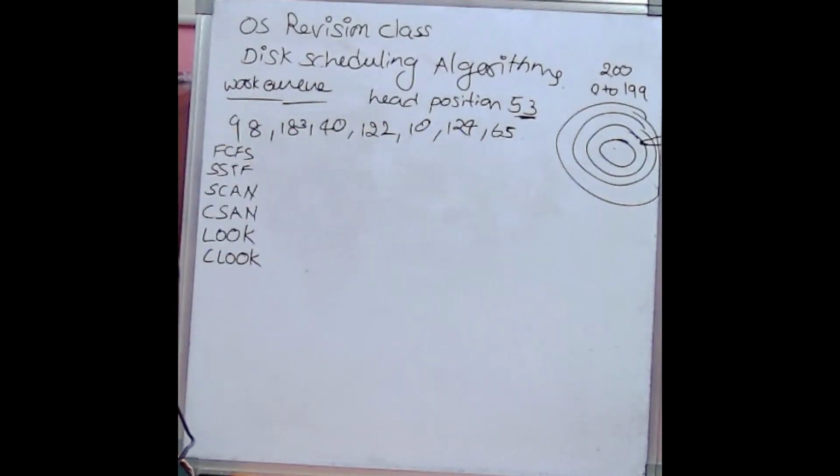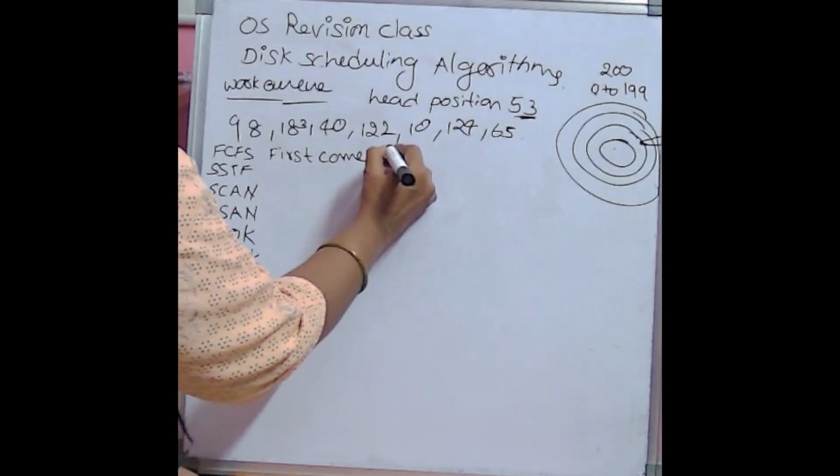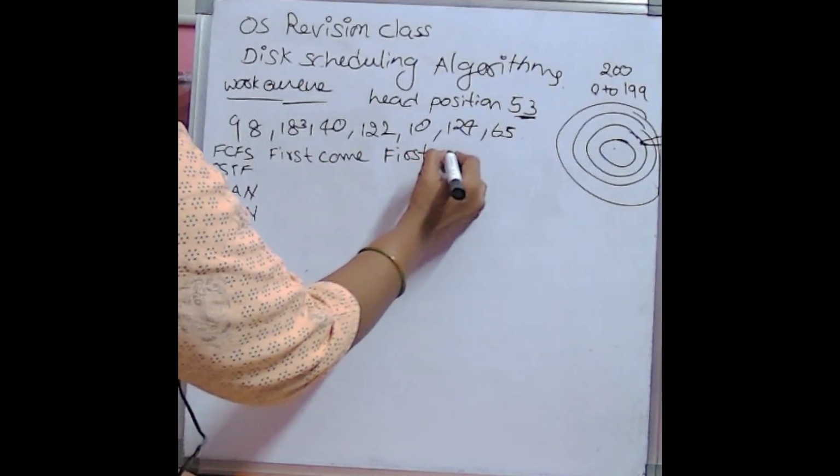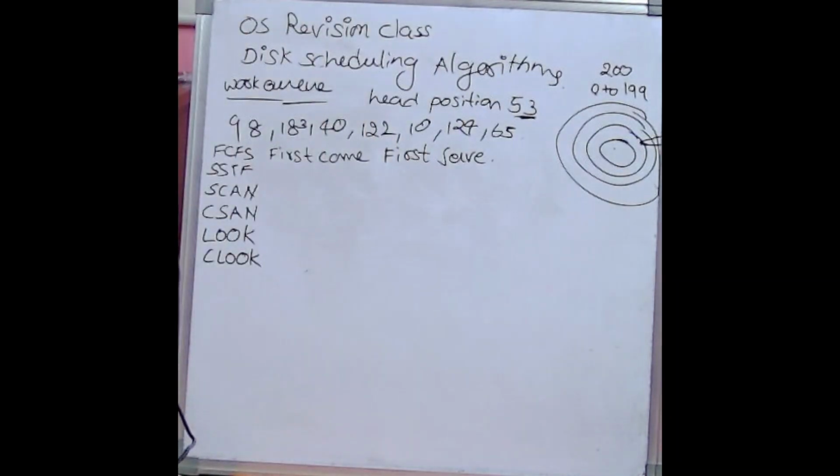FCFS scheduling algorithm is first come first serve. According to this scheduling, it will satisfy whichever request comes first.